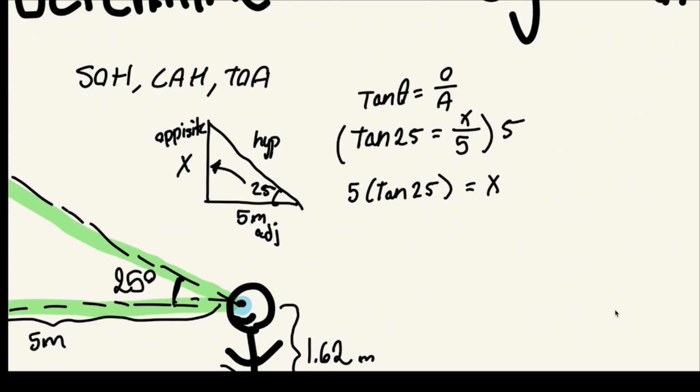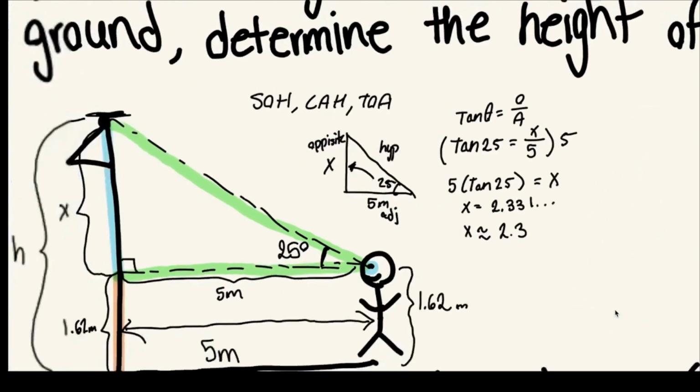And now all we do is plug this into our calculator. Let me see what we get. 5 times tan 25 is, X equals 2.331 whatever. So then X is going to be approximately 2.3, right?